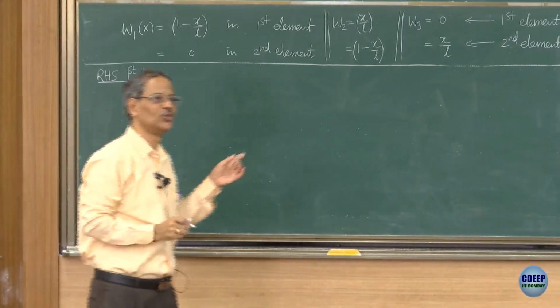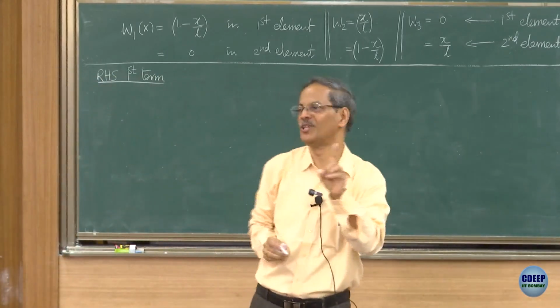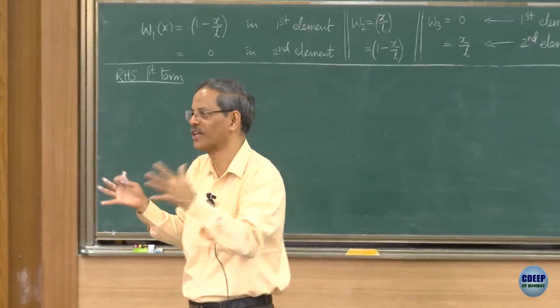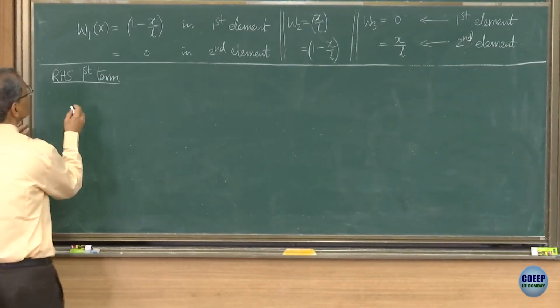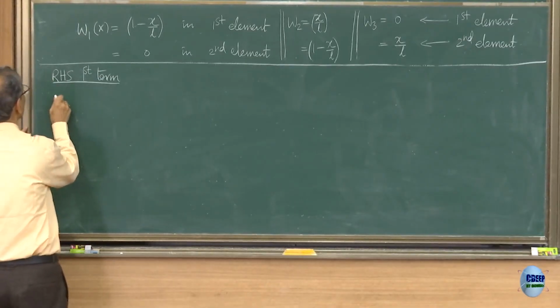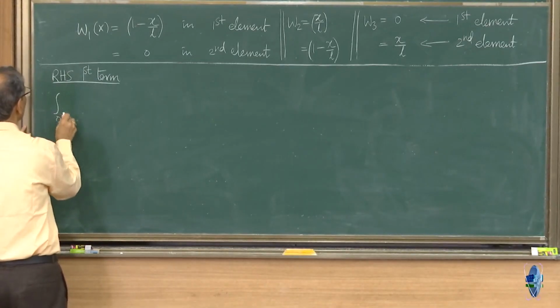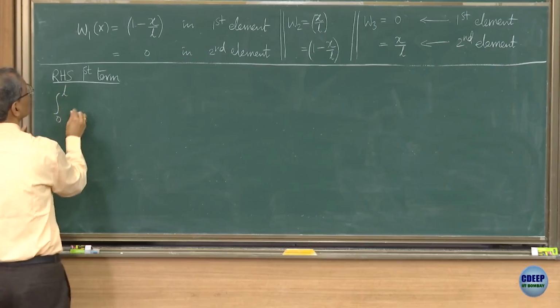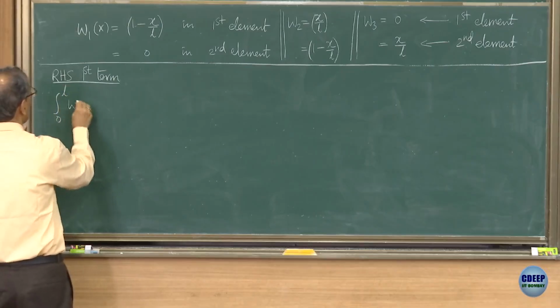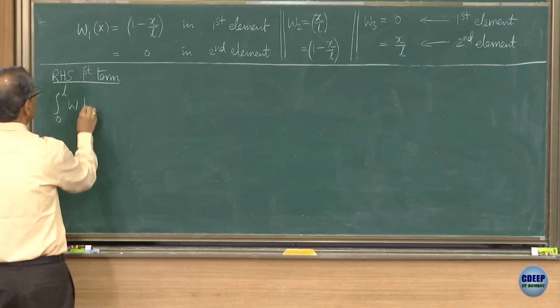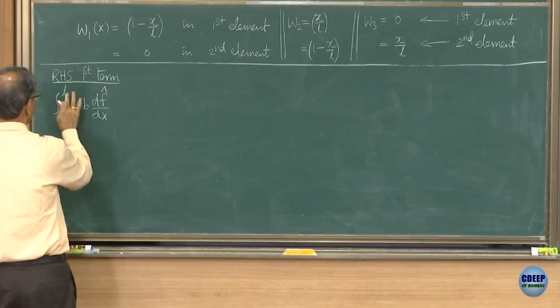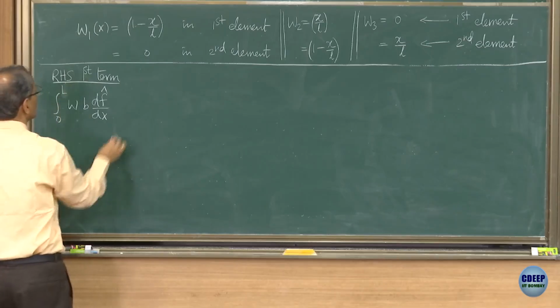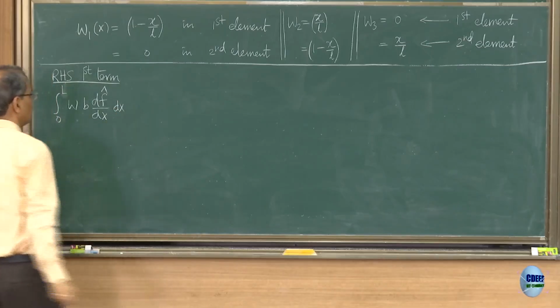First term again I am going to do with respect to W1, W2, W3, and I will put all the equations together at the end. So first term is integral 0 to L, W B df hat by dx.